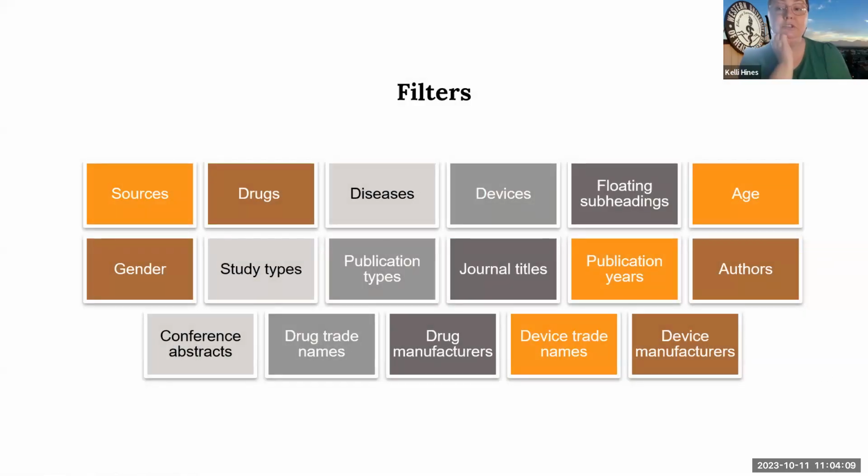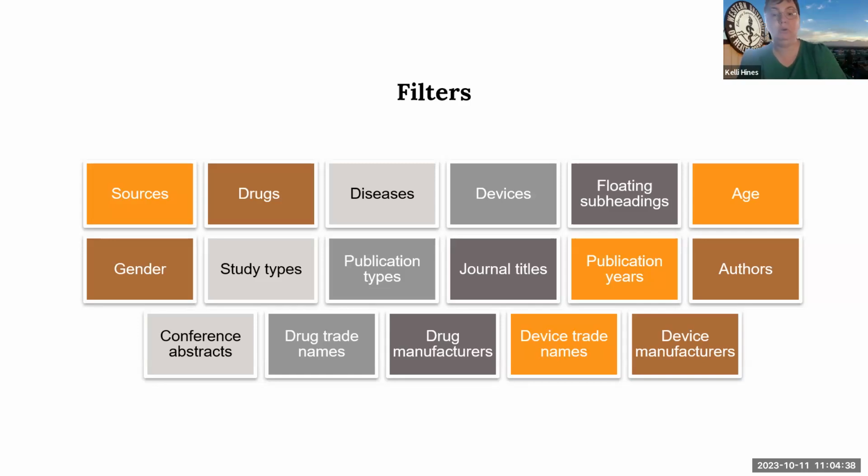It has a variety of filters that you can use. It can filter by source, so whether it's just EMBASE or whether it's also indexed in Medline or PubMed. You can filter by drugs and diseases, which is really nice because you can get a quick feel for which diseases are most common for the treatment for a particular drug, or vice versa, which drugs are used to treat which diseases.